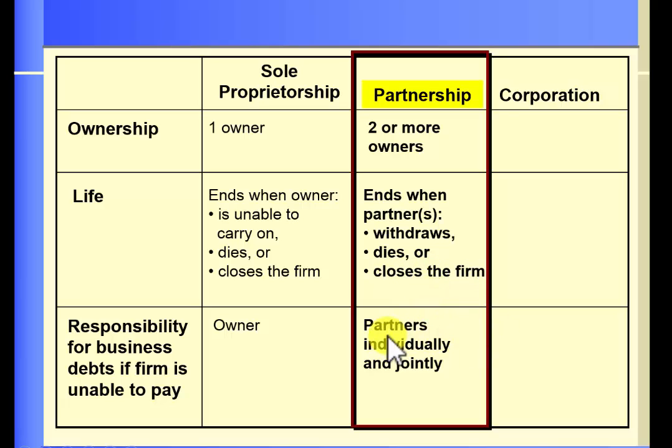Okay, who's responsible for the debts of the firm? The partners are. They're both individually and jointly liable. So if you have two partners, one of them is married with 3 kids, and the other one is single and has no particular local obligations, and you have $100,000 of debt, and you're 50-50 partners, and the business goes broke and quits business, the single guy can pick up and go to Mexico.